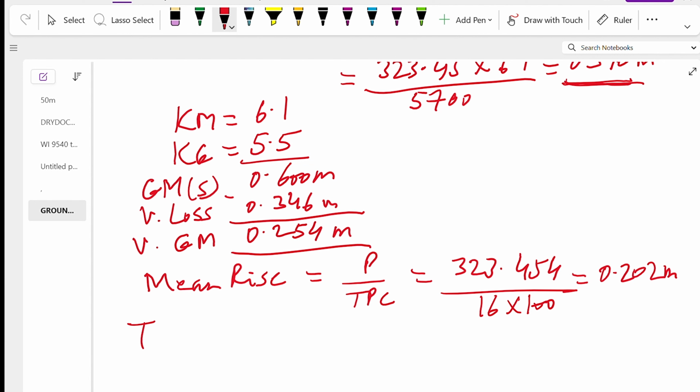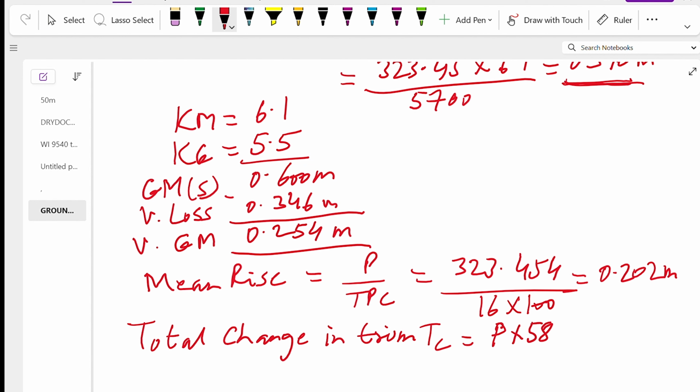What is the total change in trim? Total change in trim is given by trimming moment, which is force P multiplied by distance from center of flotation 58, upon MCTC.